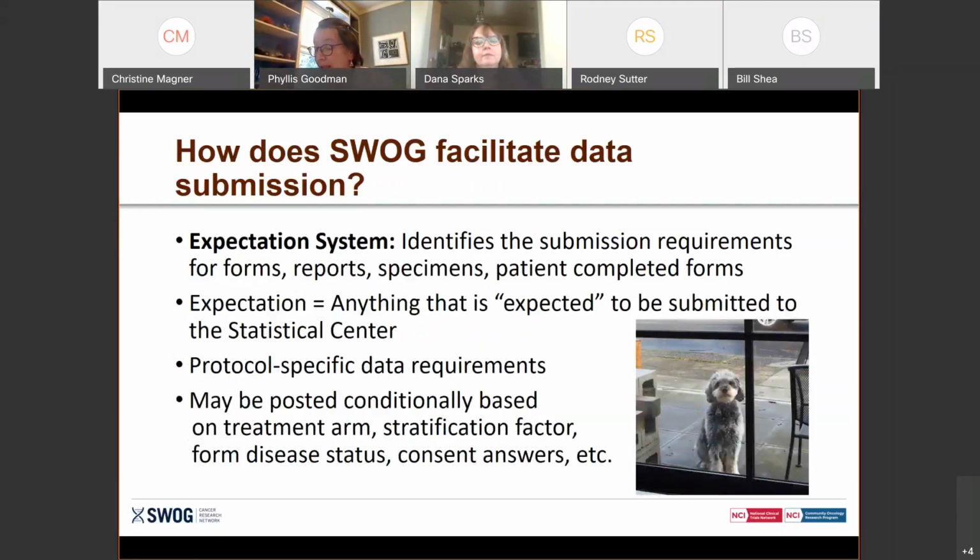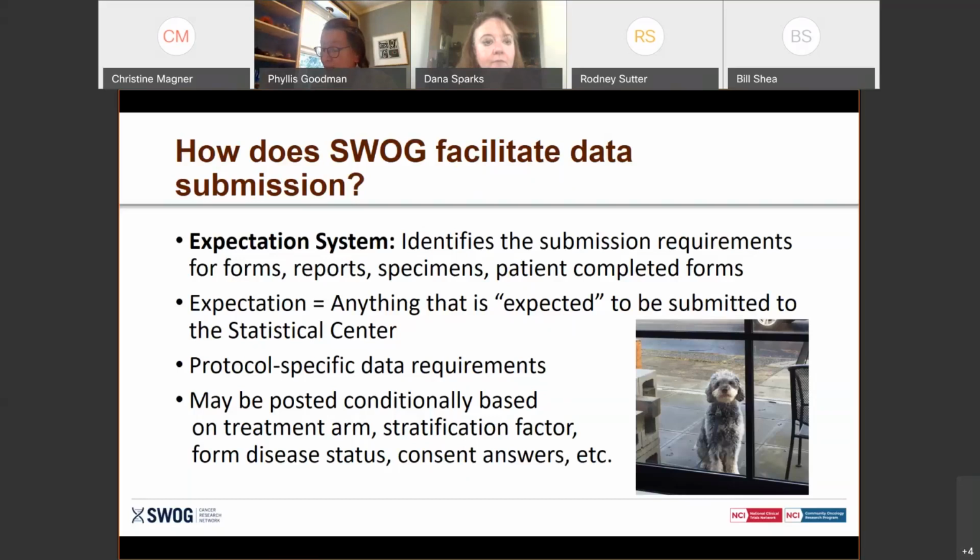So in order to facilitate data submission, in the late 1980s, SWOG developed what is known as the expectation system. This system identifies and tracks the submission requirements for study forms, specimens, patient-completed forms, and any other protocol-required items. Originally, there were only a handful of expectations that focused on study forms and follow-up, but this has expanded over the years such that now there are over 700 unique expectation definitions.